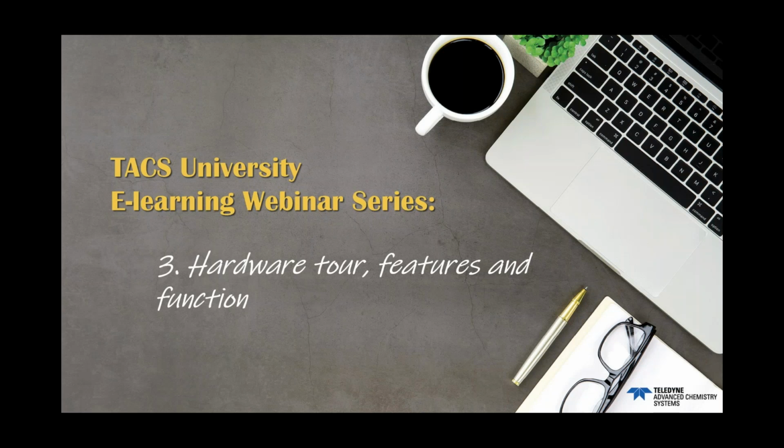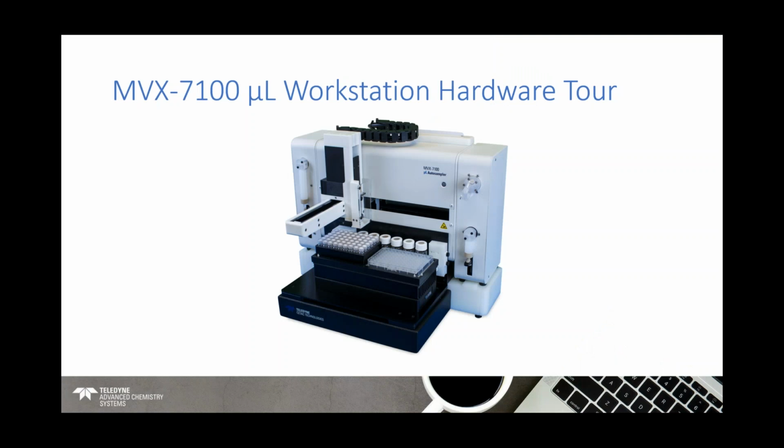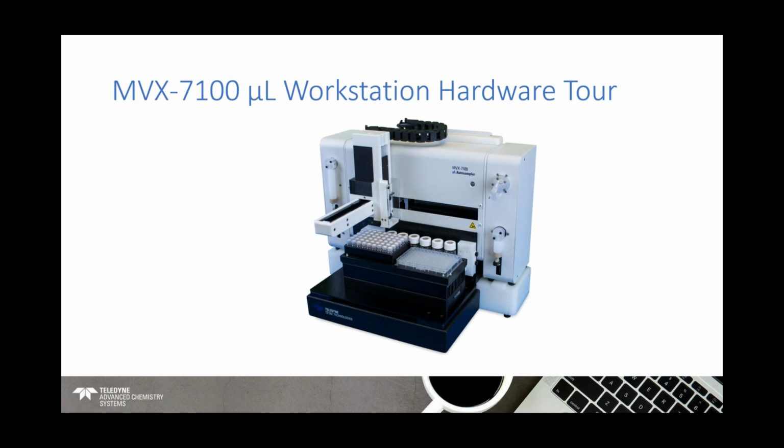So moving on, I'll now take you through essentially a hardware tour of the system and its features and functions. Going back to the original photograph of the MVX 7100 system, which I showed in the beginning, I'm going to stick with this image and walk you around the main components and through how a sample introduction works.